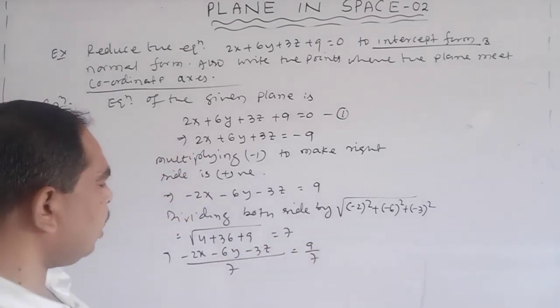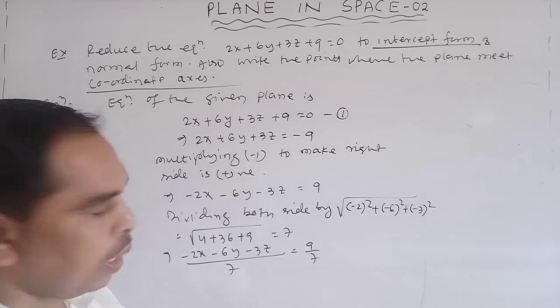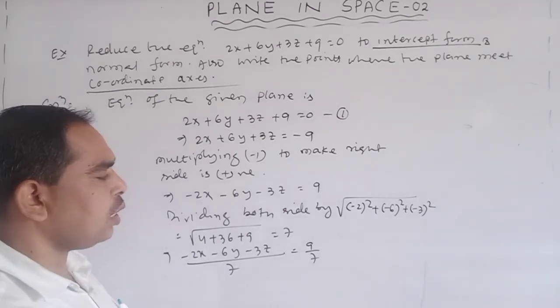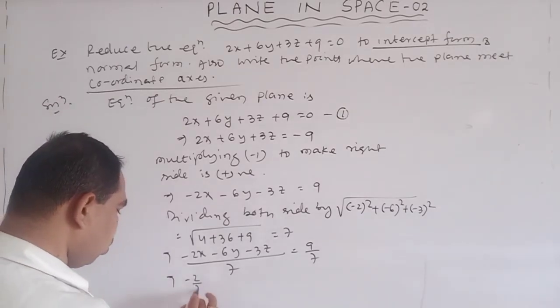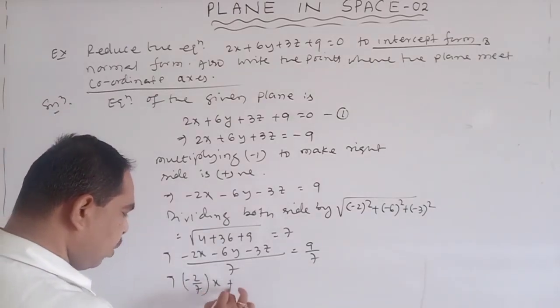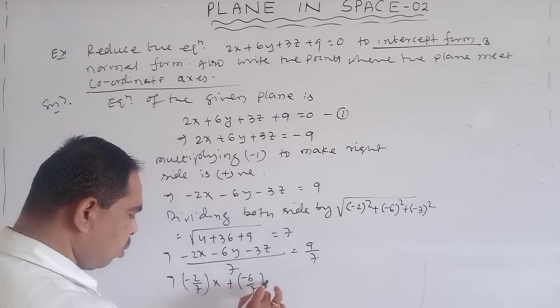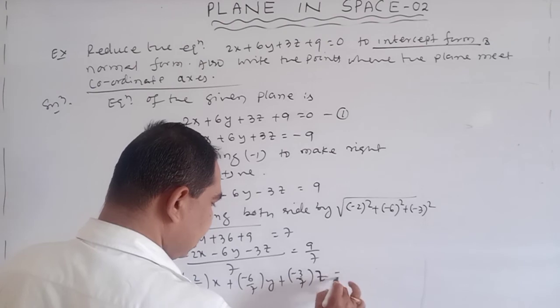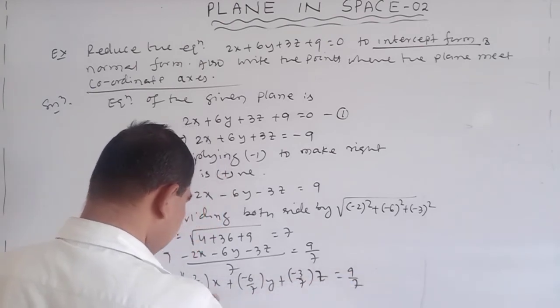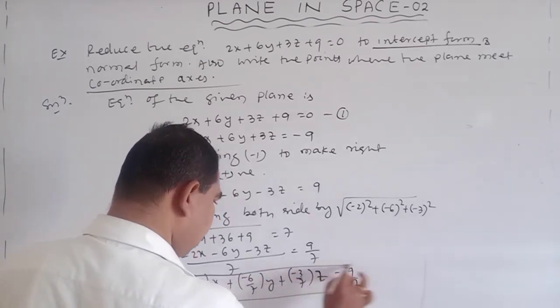So minus 2 by 7 into x plus minus 6 by 7 into y plus minus 3 by 7 into z is equal to 9 by 7. This is the equation of the plane in normal form.